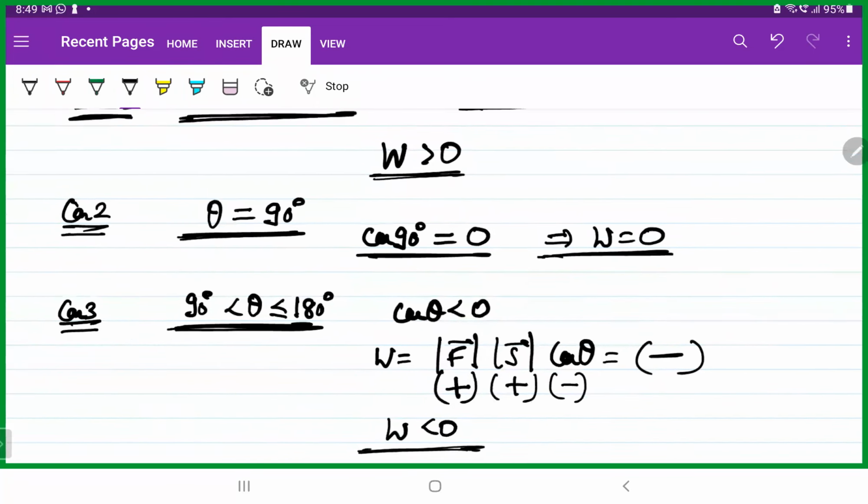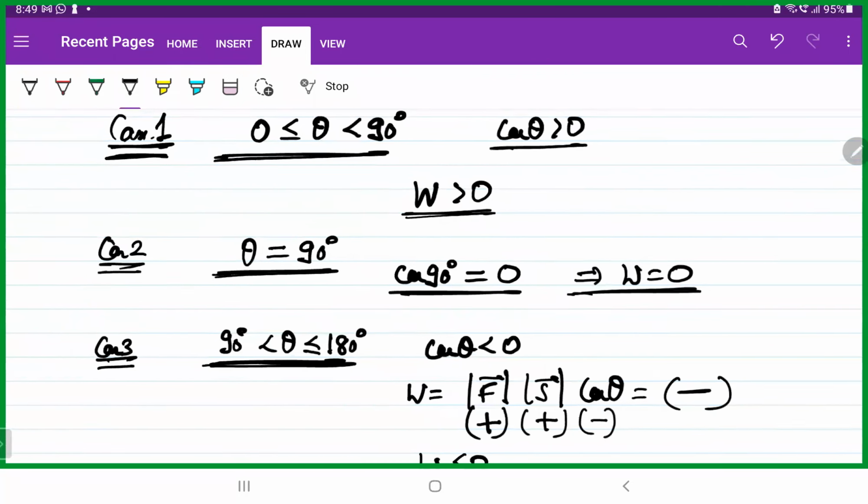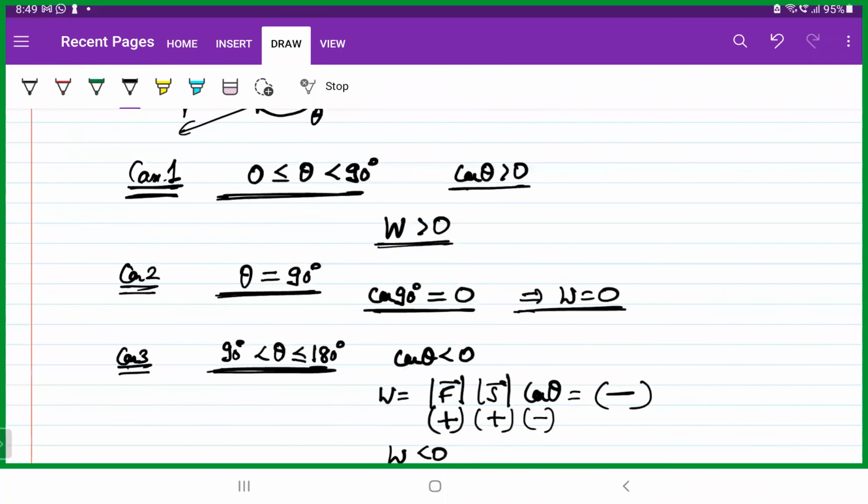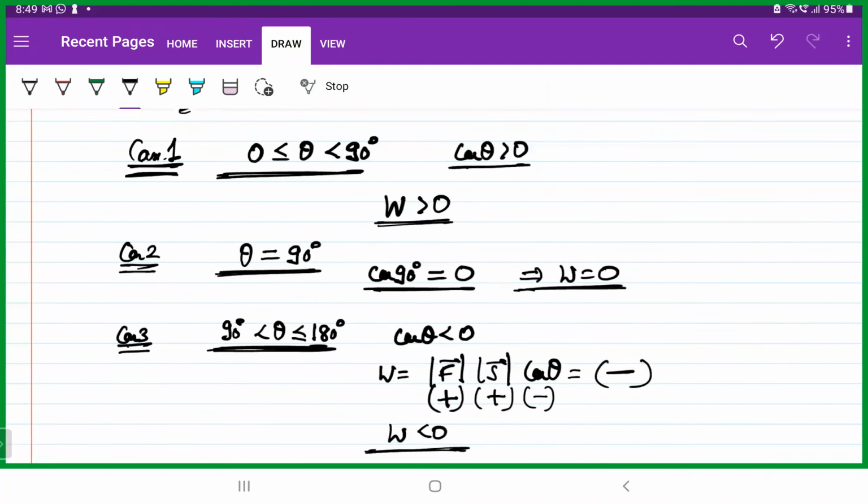So these are three cases we have to remember for work done. Angle between force and displacement between 0 to 90, work done will be positive.